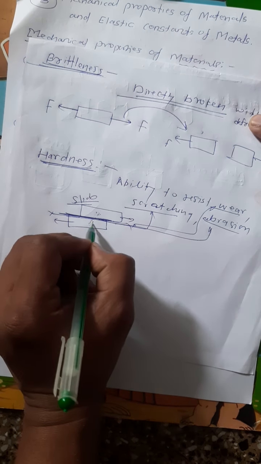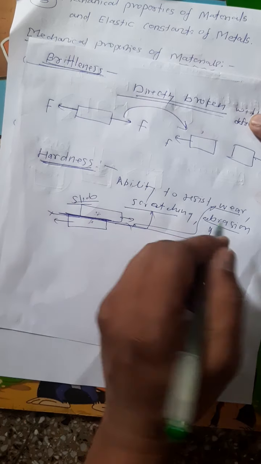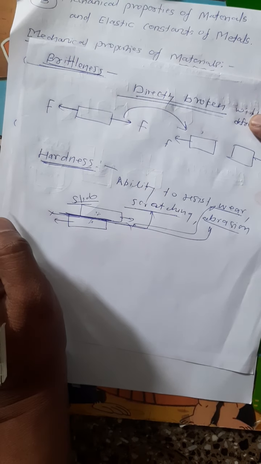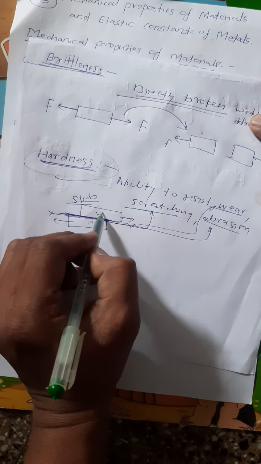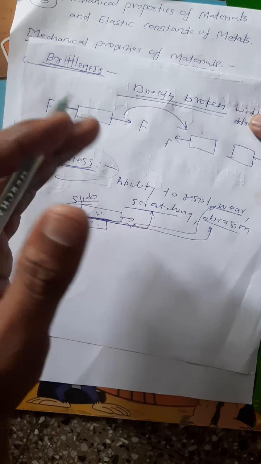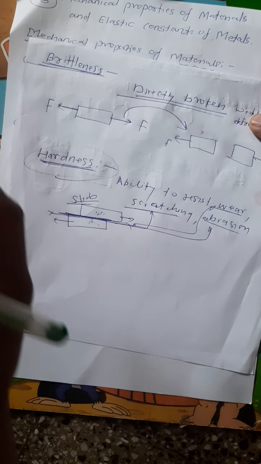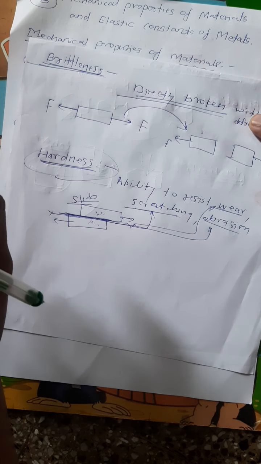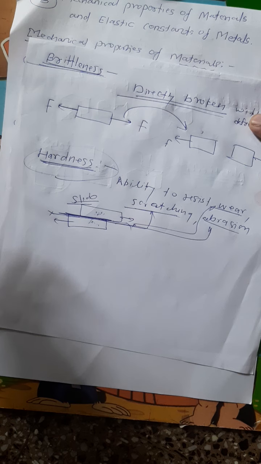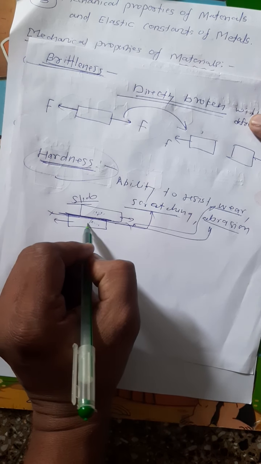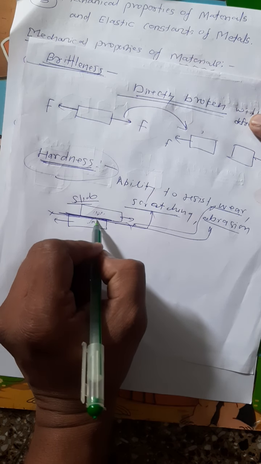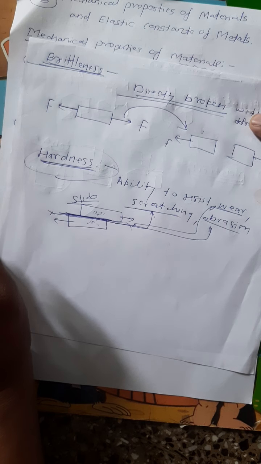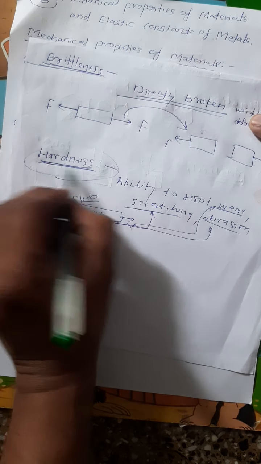Where there is a contacting surface under sliding motion, we'll find wearing and scratching. So if the material has this hardness property, it helps to resist wear, tear and scratching. During sliding motion, the hardness property resists scratching and wear. So this is hardness.